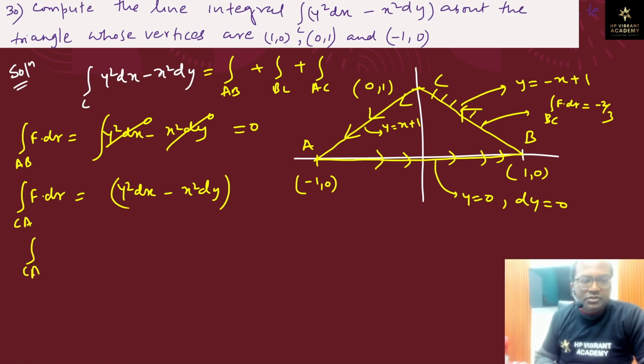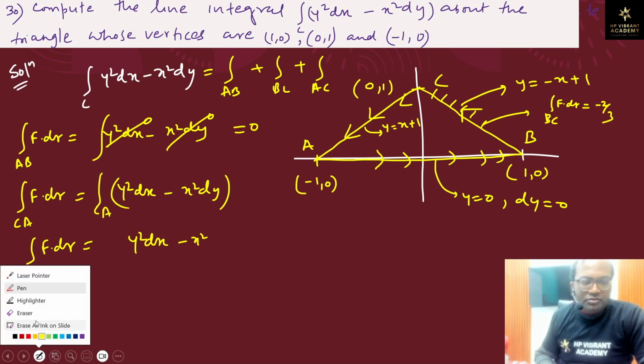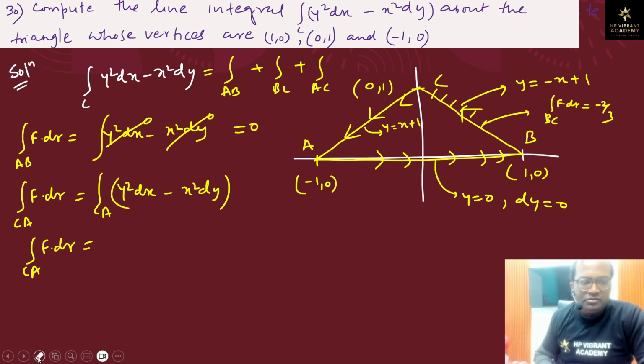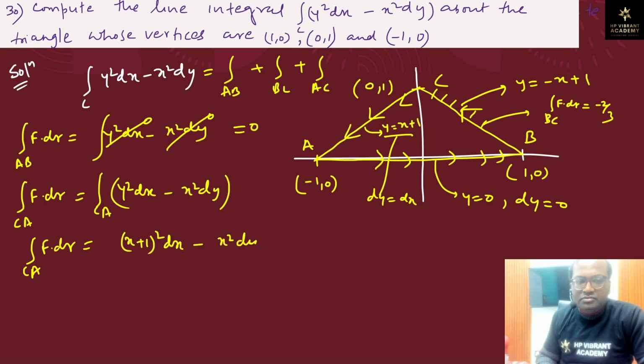So along CA, f dot dr is equal to y square dx minus x square dy along CA. Along CA we have the equation y is equal to x plus 1. So from here we have dy is equal to dx. Let us place the value of y as x plus 1. So x plus 1 whole square into dx minus x square into dy, which is dx, and the limit on x is 0 to minus 1.